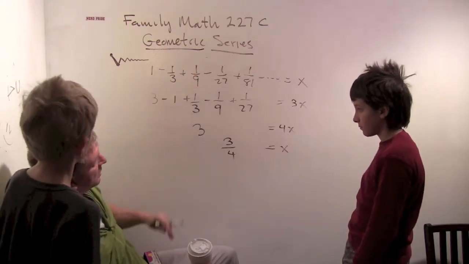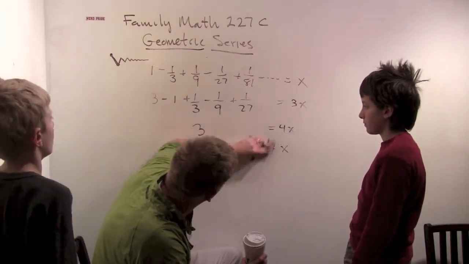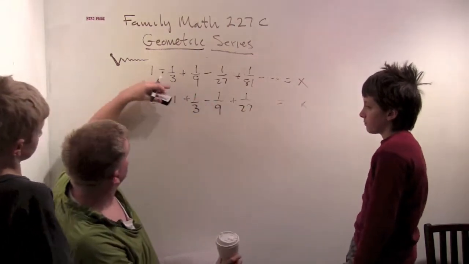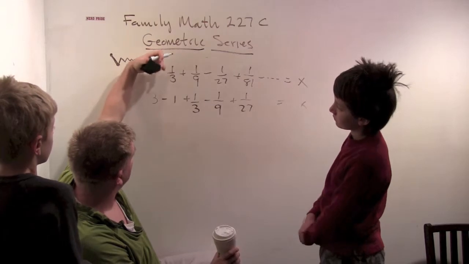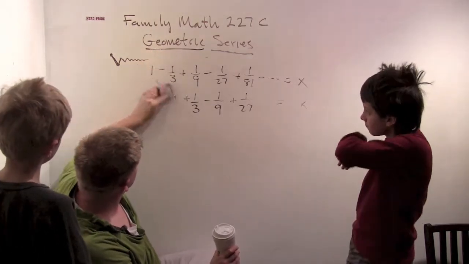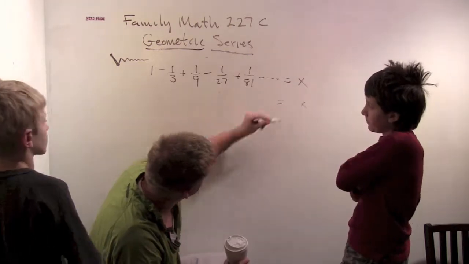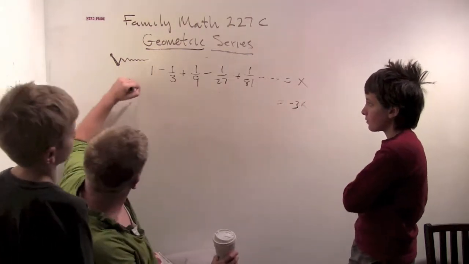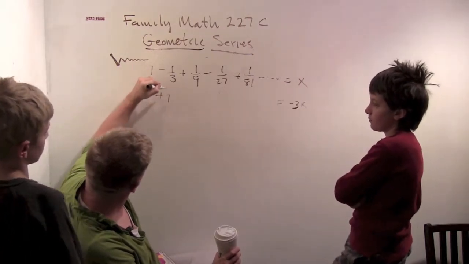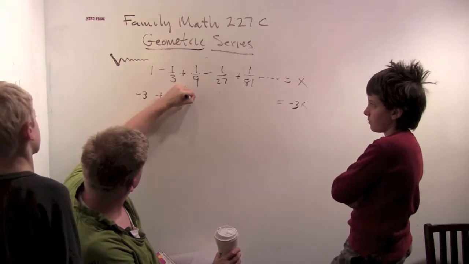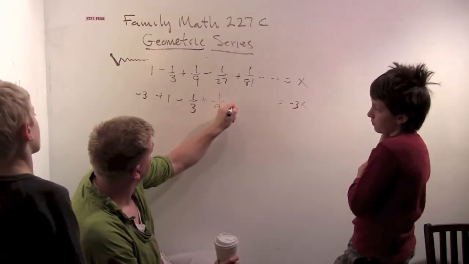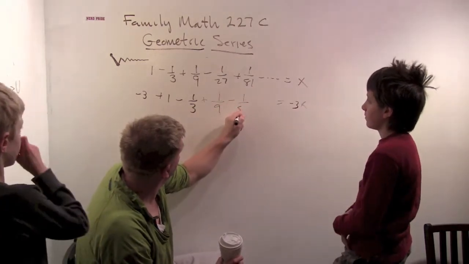The other thing we could have done here is, previously we were multiplying by a number related to the factor, which in this case is minus 3. So we could multiply by minus 3 here instead. Minus 3x is minus 3 plus 1 minus 1/3 plus a ninth minus 1 over 27.